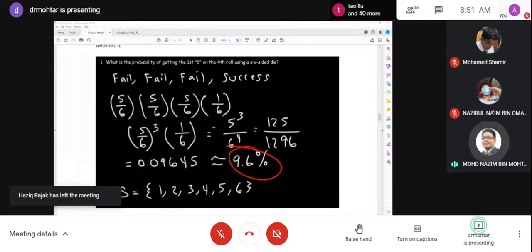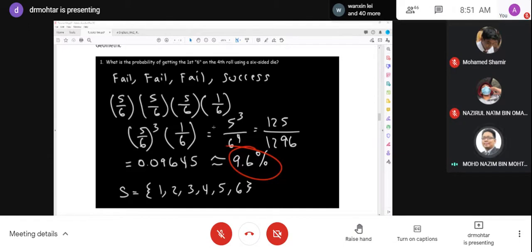What is the probability of getting the first 6 on the fourth roll using a six-sided die?